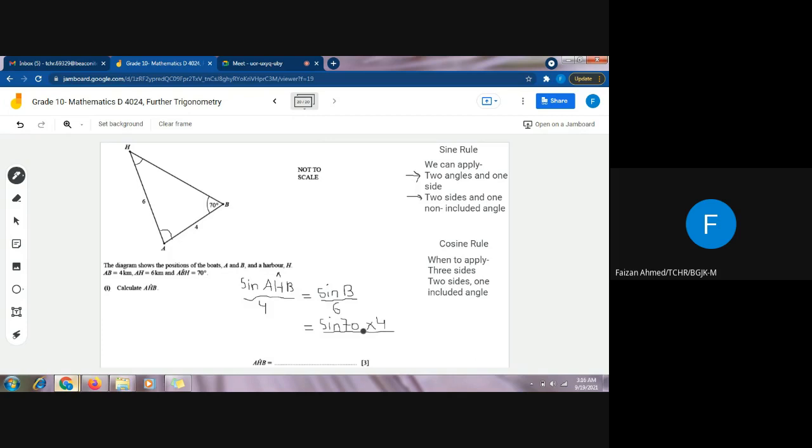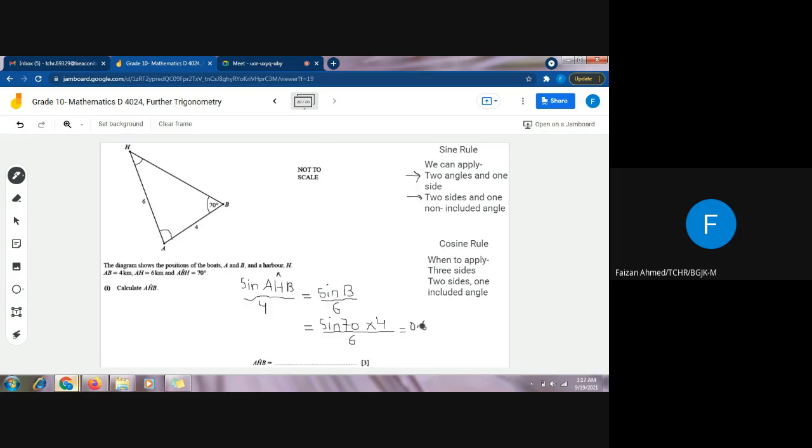I will take out my calculator and find the value of sine 70 first, then multiply the answer with 4, and divide the whole answer by 6. It is coming out as 0.626. 0.626 is the answer of sine AHB.